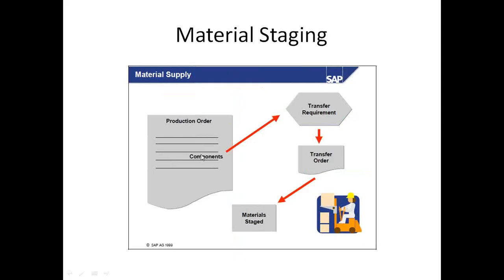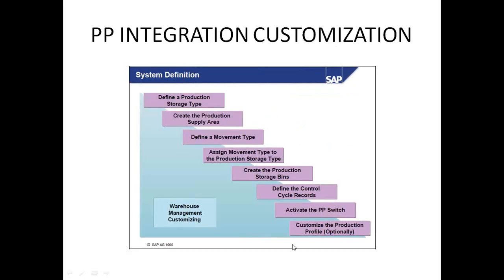So how does the process work? The production order is created, and for the components a transfer requirement is created, then a transfer order, and when we confirm it, the material is staged. These are the steps. We deal with the production storage type, create a production supply area, define a movement type, assign the movement type to the production storage type, create the production storage bins, define the control cycle records, and activate the PP switch.